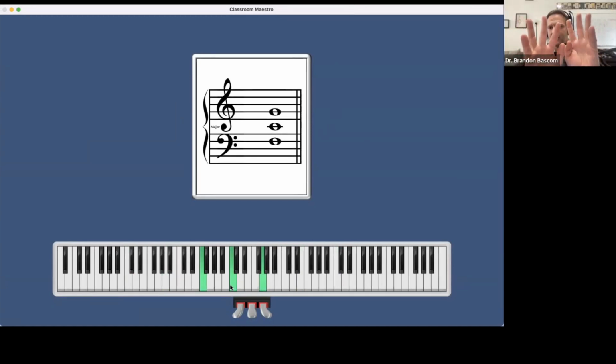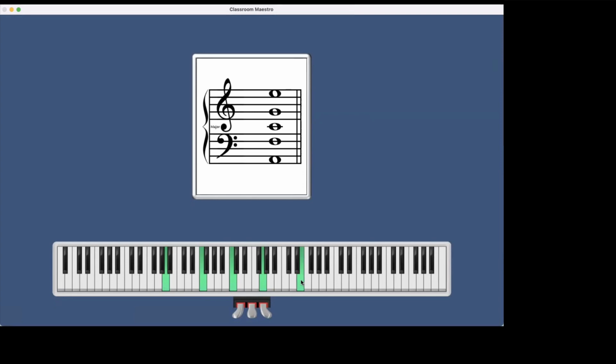Now watch me close. I'm going to take my thumbs and pivot under my pinkies and go out 5 more. That should give me bottom space A and top space E. I'm confused on how you pivoted. Okay, no problem.